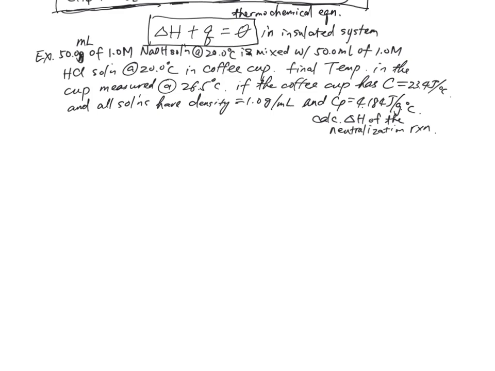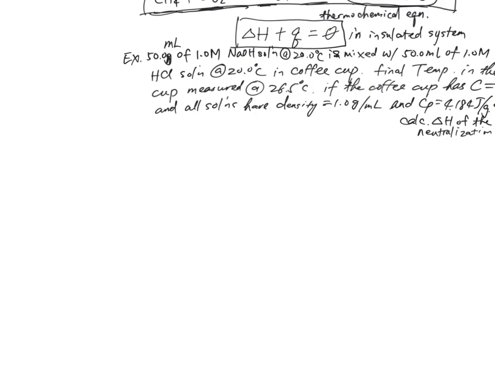This looks like a very complicated question, because you have so many different numerical conditions. Volume, concentration, mass, temperature, heat capacity, specific heat capacity. Now, where do I start? Well, first of all, you're calculating the delta H for the neutralization reaction.